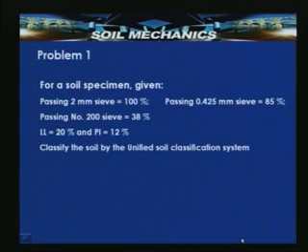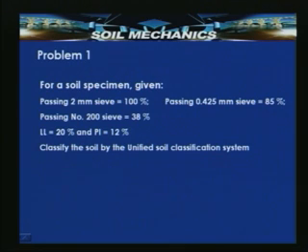Having seen the soil classification system, let us apply this knowledge to solve some typical problems. Problem 1 gives the results of a grain size distribution analysis and some Atterberg limit test results.